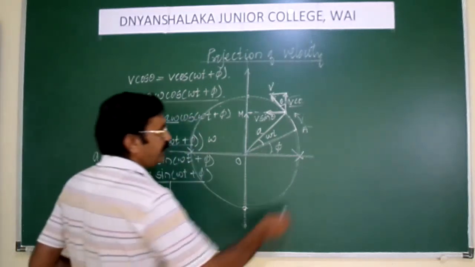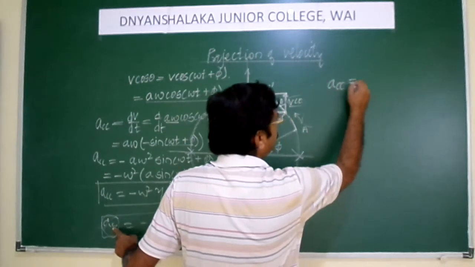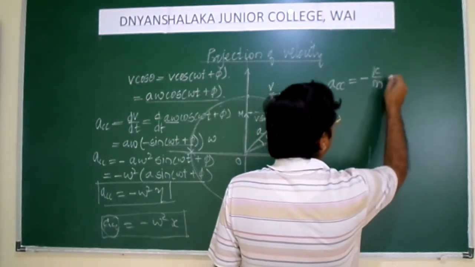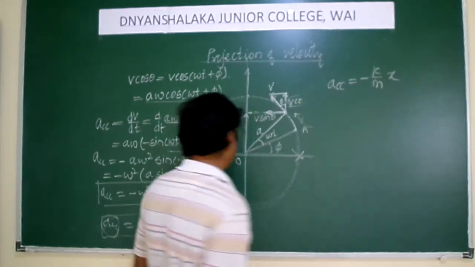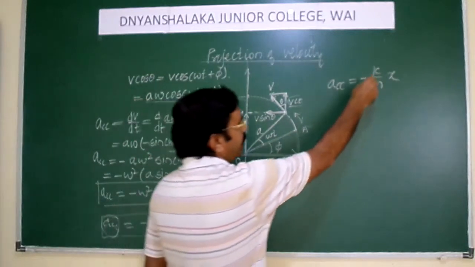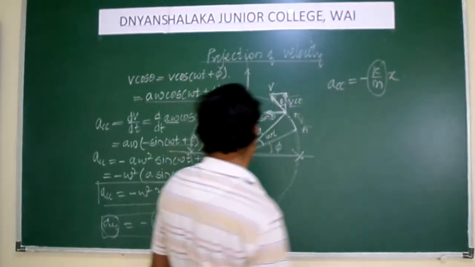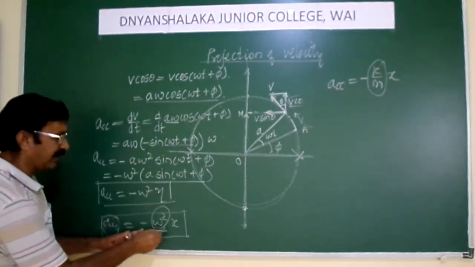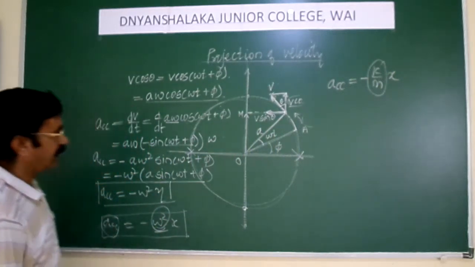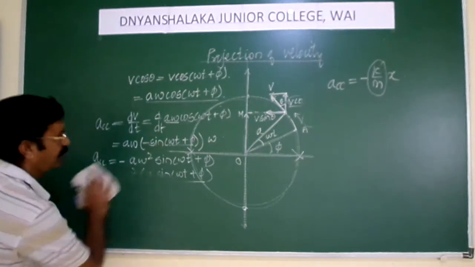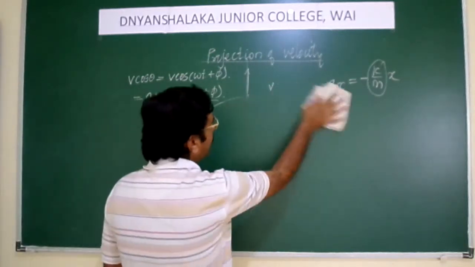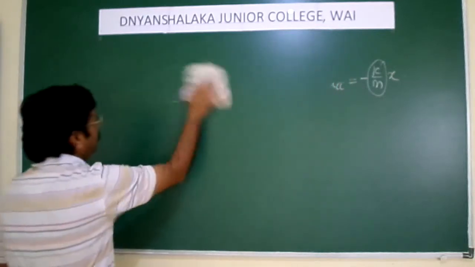There, in the previous case, we derived the expression as acceleration is minus k upon m x, and so k upon m in that case for the differential equation we substituted as omega square, where omega is the angular velocity with which the particle moves on the circumference of the circle.